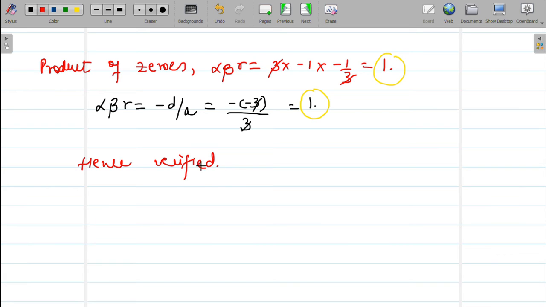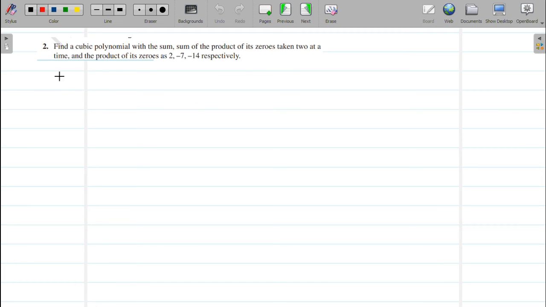Now what other type of question we can see in this one is going back to the polynomial. Find the cubic polynomial with the sum of its zeros, the sum of product of its zeros taken two at a time, and the product of its zeros given to us like this.